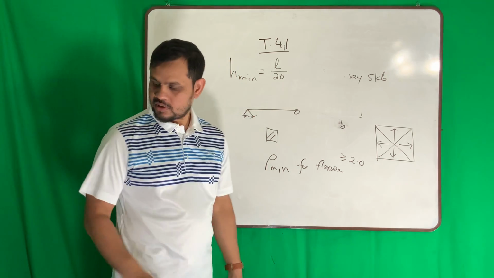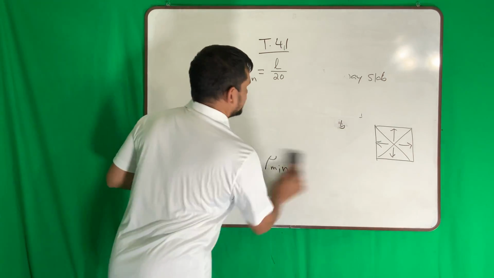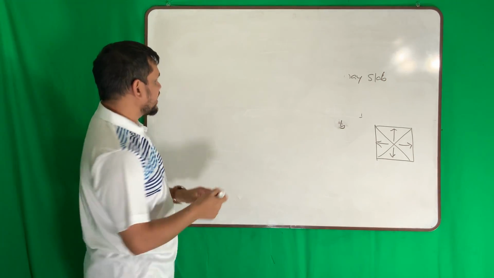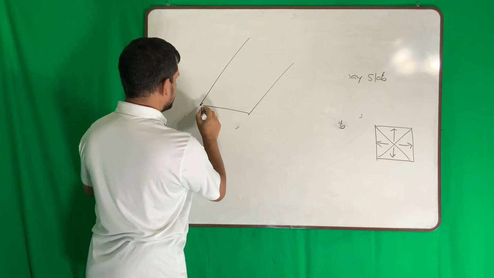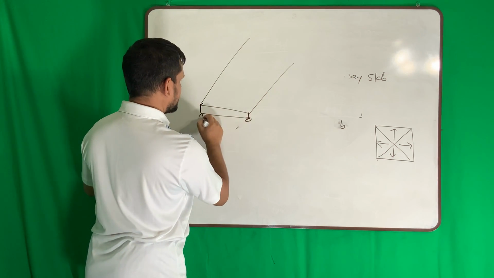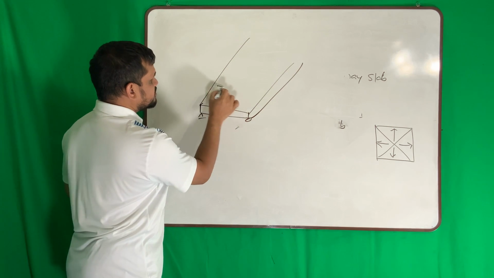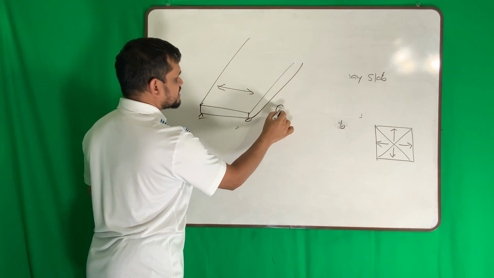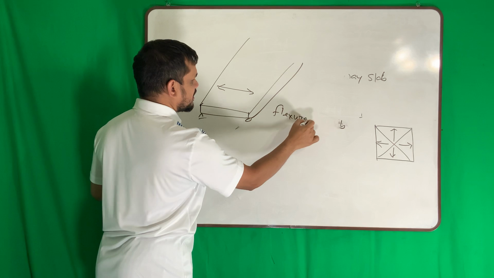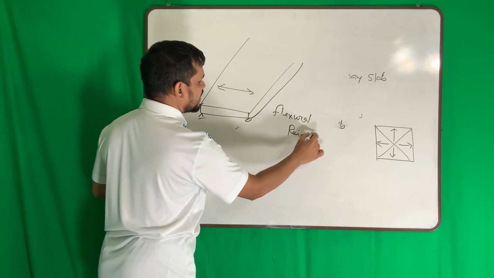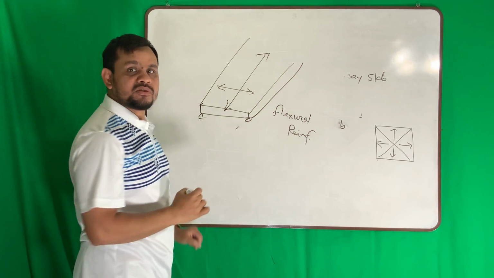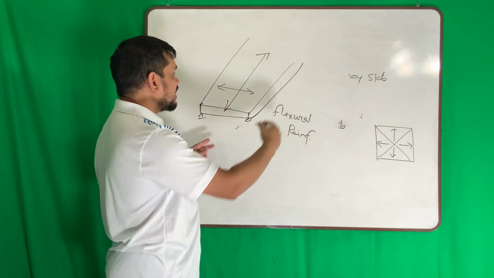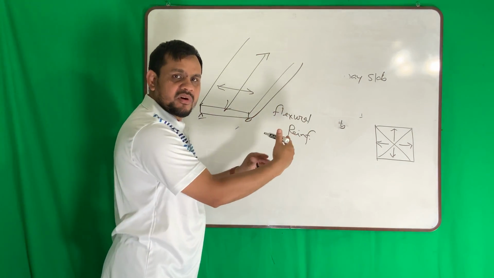That is number 2. Number 3, if I draw that slab again, say this is my slab. This way we will provide flexural reinforcement. But that way there is no load, it is true, but that way it may contract or expand.